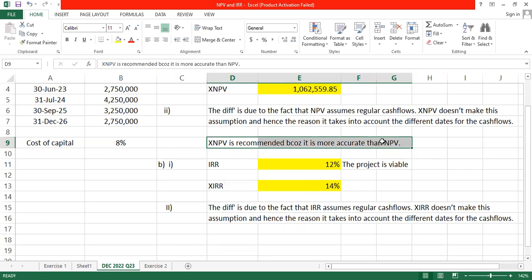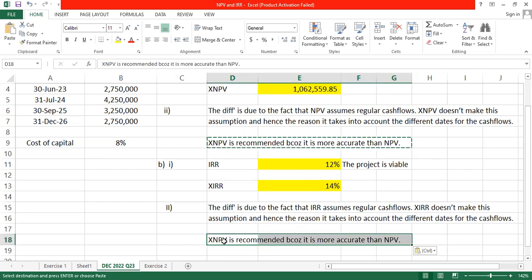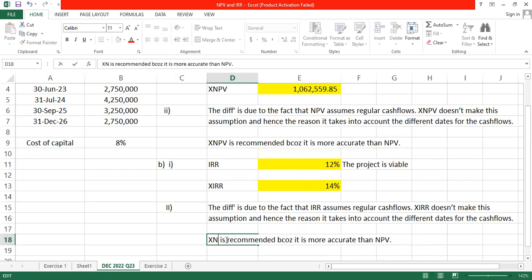The XIRR is the most accurate, so it's the one that we shall recommend. So we shall say that the XIRR is recommended because it is more accurate than the IRR.